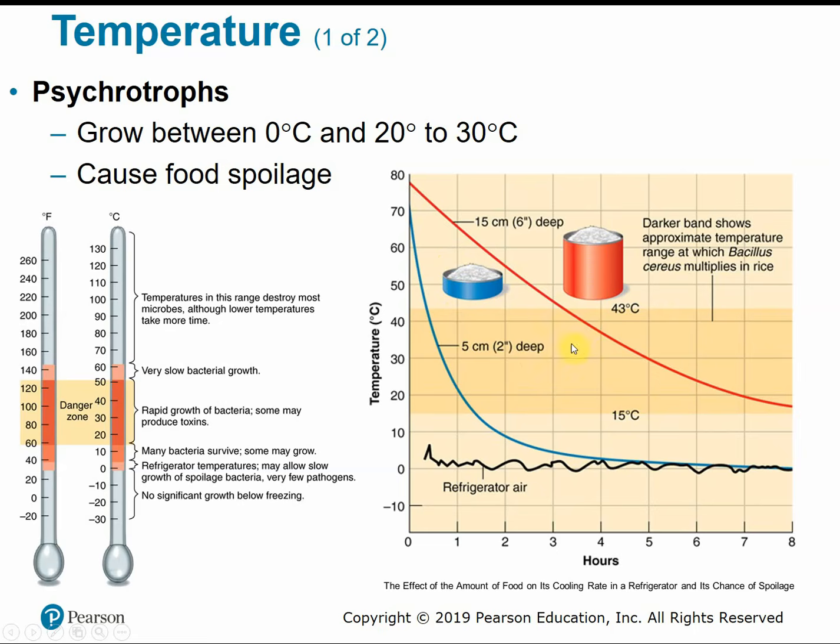So the longer our food sits in this temperature range, the more the bacteria have a chance to grow and spoil our food. So the smaller container only spends less than an hour, maybe half an hour, before it reaches that cooler temperature. Whereas our larger container, right, is in this danger zone for several hours.